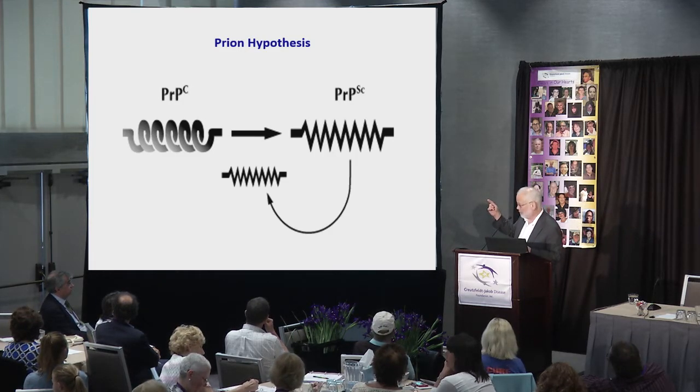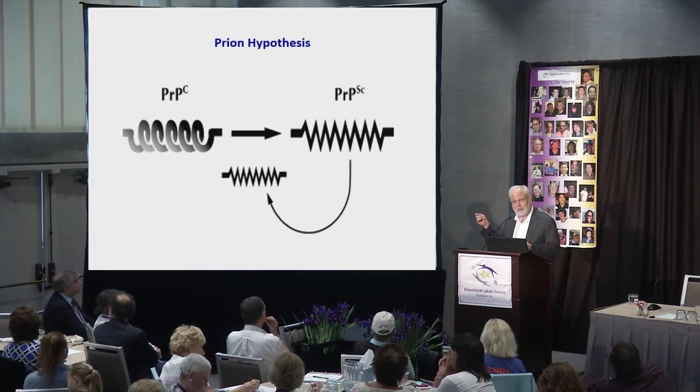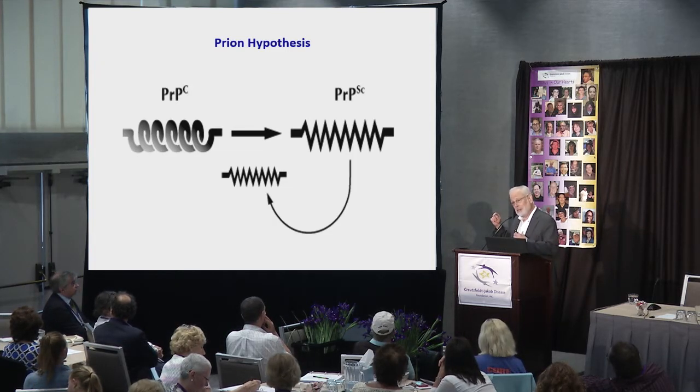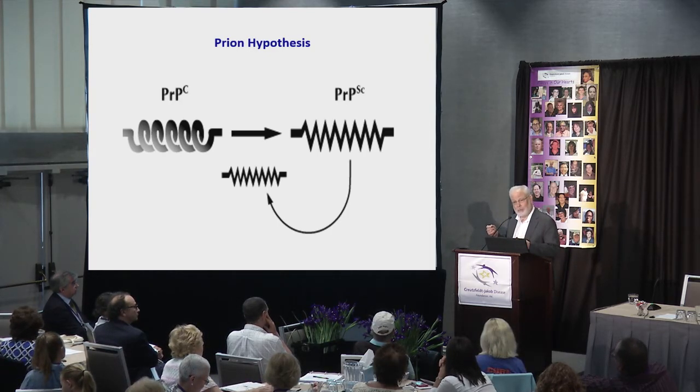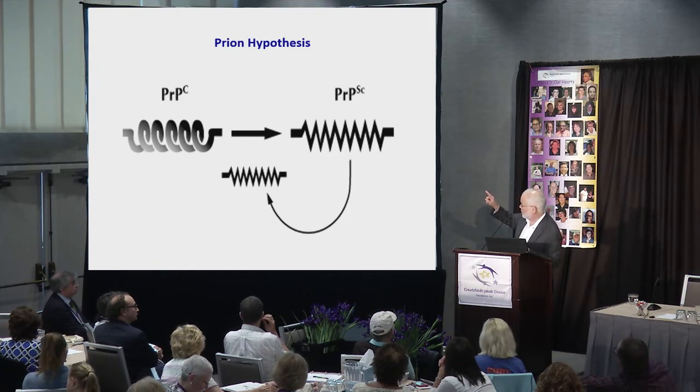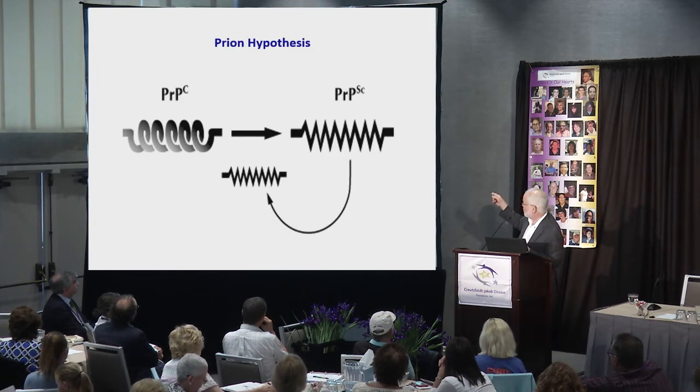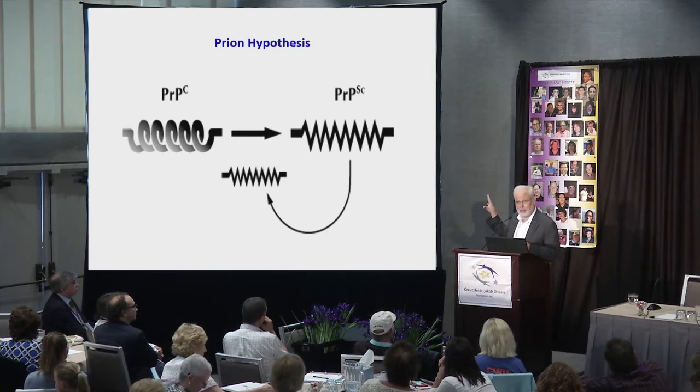So this isn't rocket science, but really what makes this an epic setting idea is the fact that it's not just PrPC turning to PrPSc, and that's the end of the process.